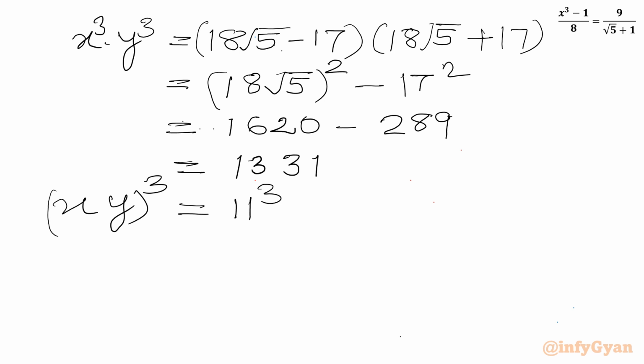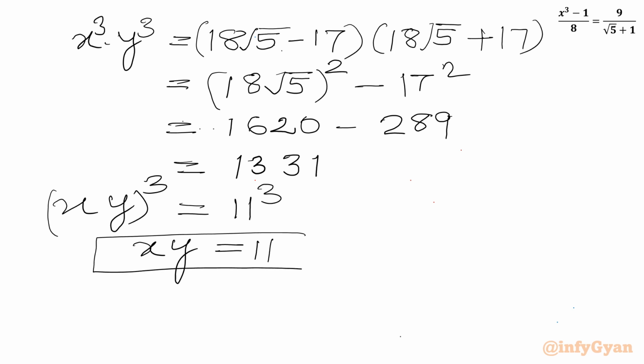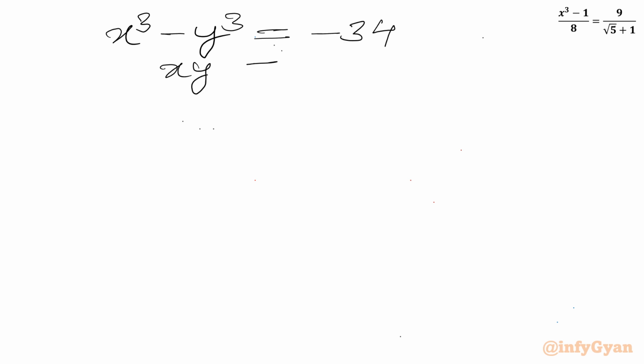Once I consider cube root both sides, for real xy value, we can write xy will be equal to 11. Let us say this is our equation number 2. So we have two equations: first one, x cube minus y cube equal to negative 34, with xy equal to 11.